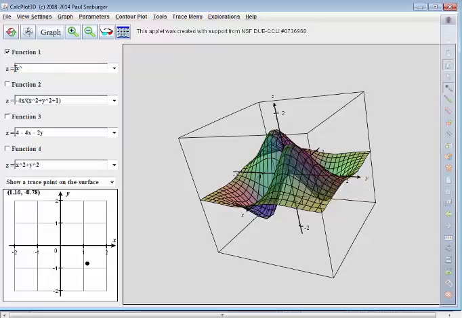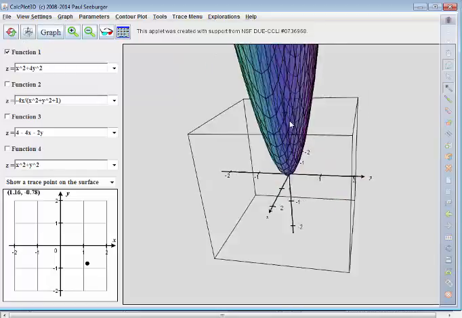So let's graph x squared plus, let's make it a little bit wider, 4y squared. The not so nice thing about this is that you have to type it in with the carets, and it doesn't automatically typeset your equations nicely like the other program. But this will do the trick.